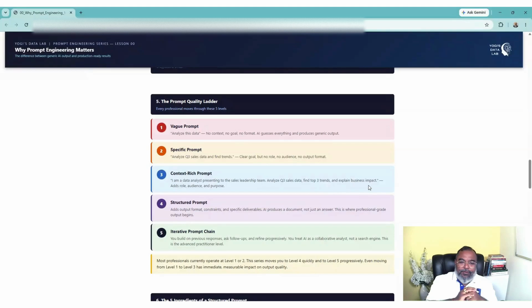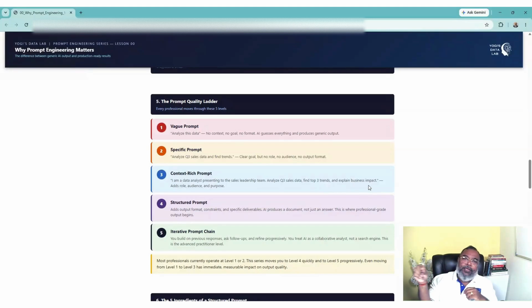The next one that we are talking of is a structured prompt. So what does a structured prompt do? It adds output format, you put the constraints, you put specific deliverables. Maybe you don't want to go into small nitty-gritties that the previous prompt would give, so you can say, do not give me such and such things in a report. That is a constraint. You don't want it to do that. I want the output in a tabular form.